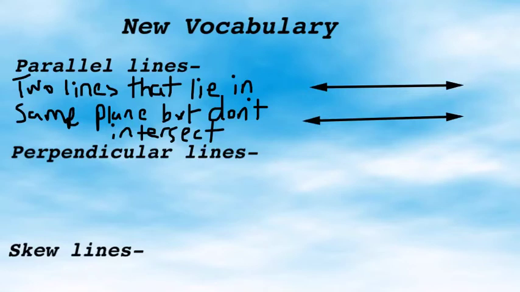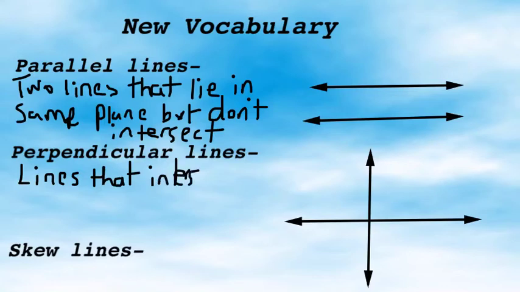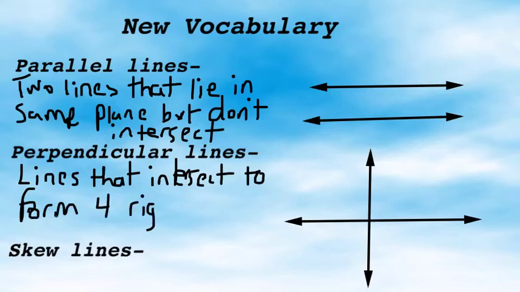These will intersect. And when perpendicular lines intersect, there's something unique about the angles that are formed. If you look at these four angles that are formed here, they're all at least pretty close to 90 degrees. They should be 90 degrees. So lines that intersect to form four right angles.